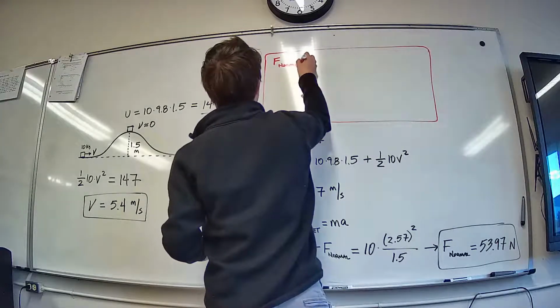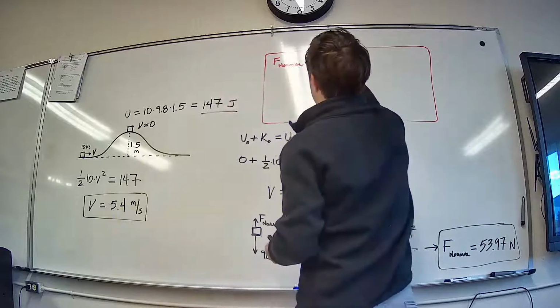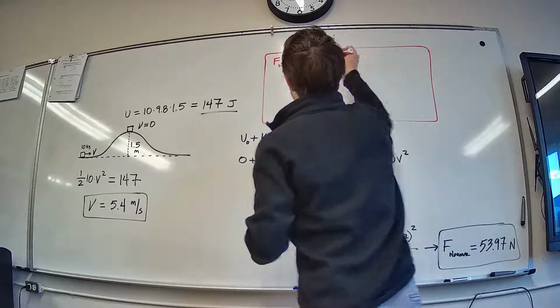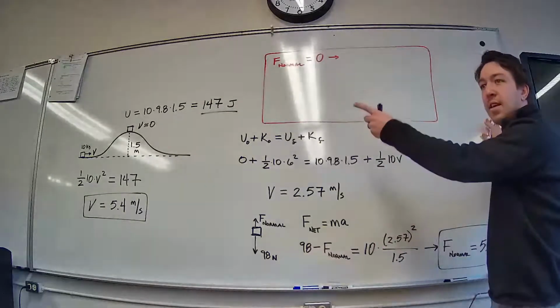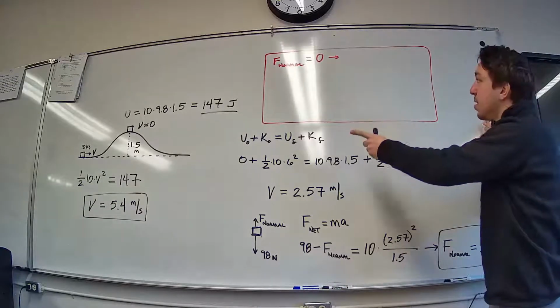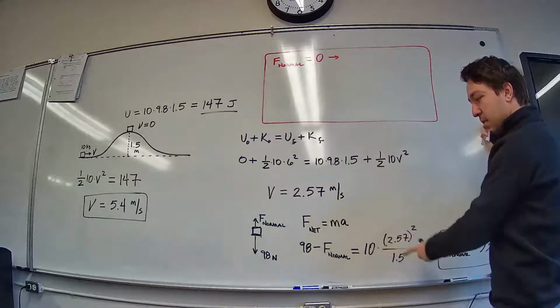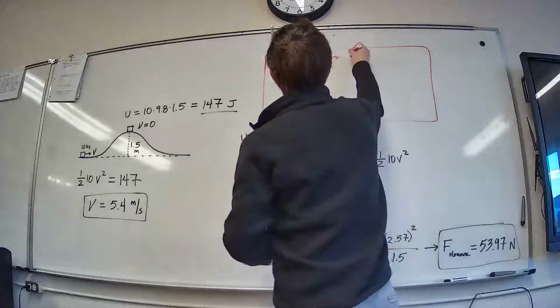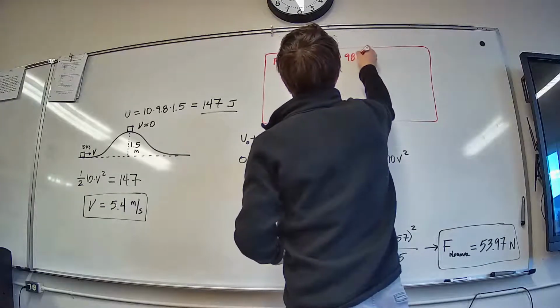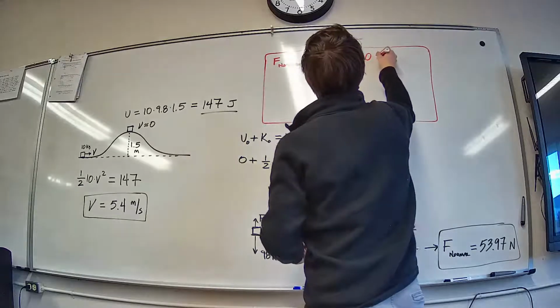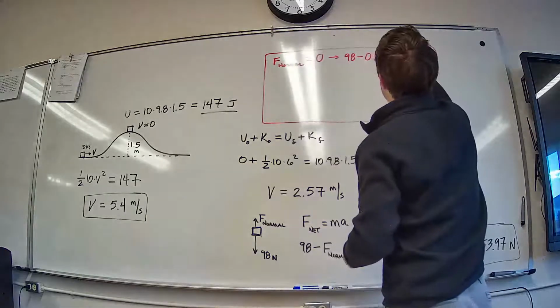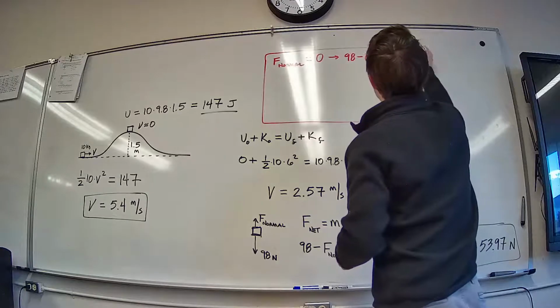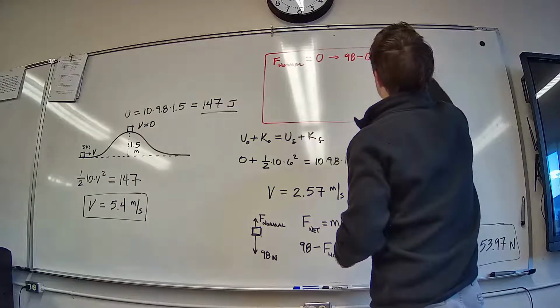Assuming the normal force is 0, I can calculate the velocity at the top of the hump. If I write this same formula, but this time 98 minus 0 equals mass times v squared over r.